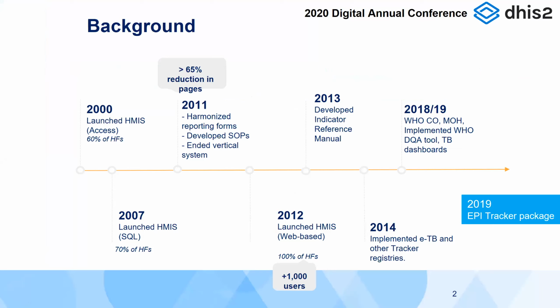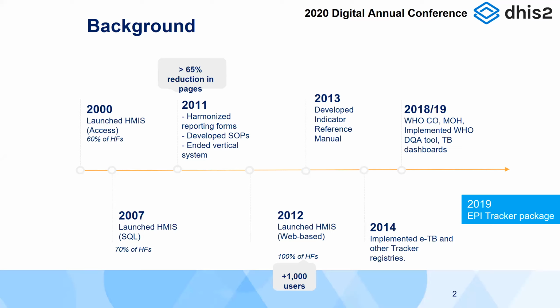Mostly before 2011, we had an offline system, but in 2011 we moved from the offline system to a web-based system. The main aim of moving was that the system was not easy to maintain and was a little bit complicated.